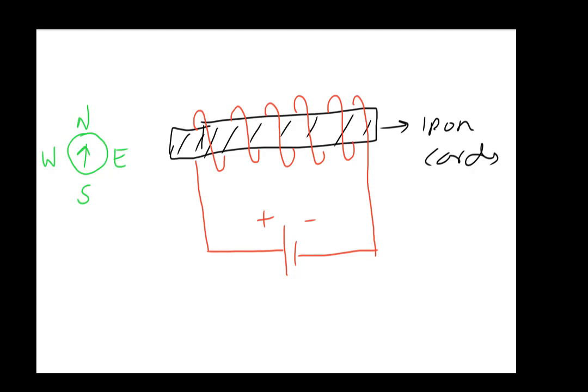But remember, this is just a simple iron rod, just a piece of metal. We're going to put a compass here, with a simple north, south, west and east, and connect it to the battery and provide some voltage to it.